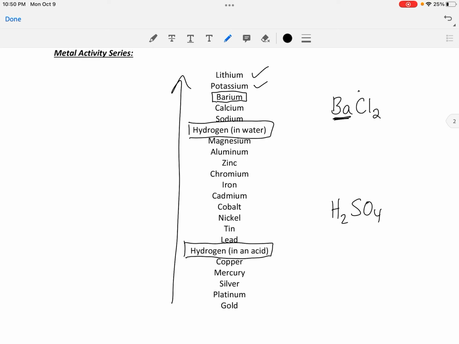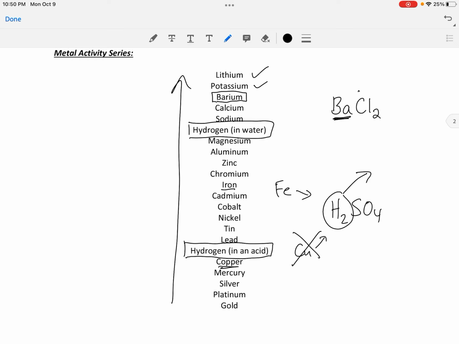If copper comes along, tries to bump out that hydrogen in sulfuric acid, it's not going to work because copper is below hydrogen on this activity series. But if somebody like iron comes along, tries to bump out that hydrogen in the acid, that will totally work. That iron is going to bump out the hydrogen and bond to the sulfate, and you'll get iron sulfate and hydrogen gas on its own.